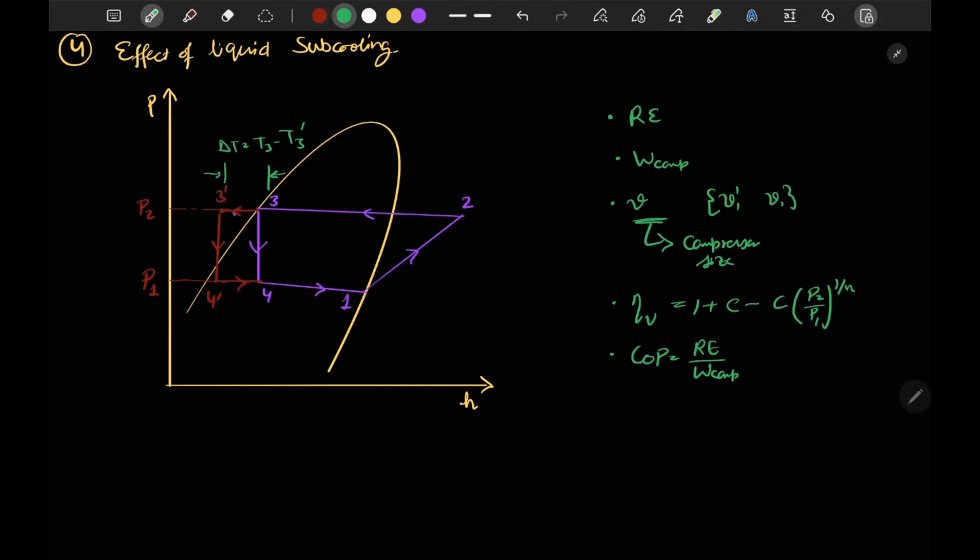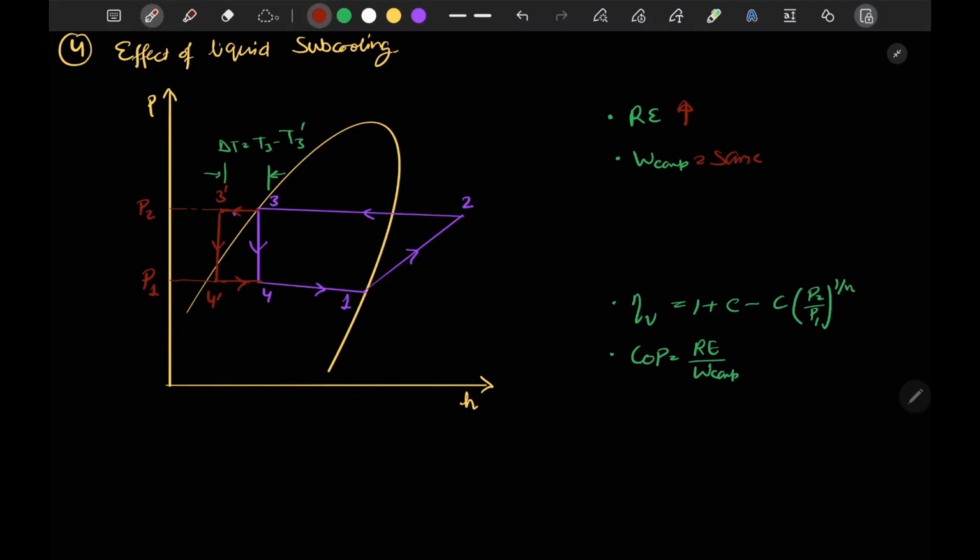Now in this case, if we look into our refrigerant effect, we see that it increases. Work done by the compressor remains the same. This V will also remain the same because there is no change here, so we will just remove it.